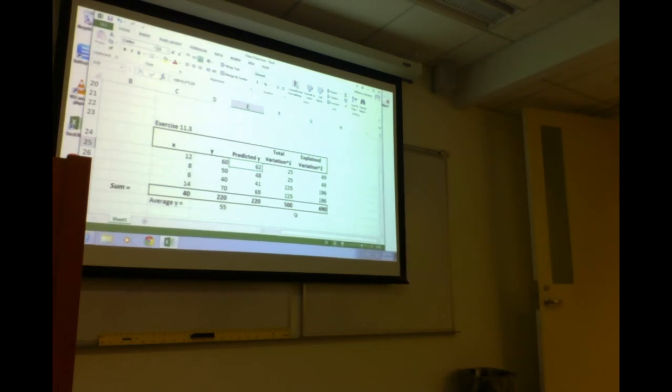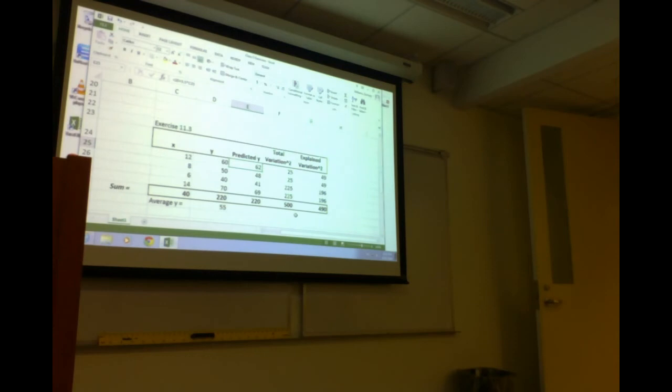So we predicted 62, and the average, wait, what is this? Somebody help me out. The predicted minus the average, oh yeah, okay.